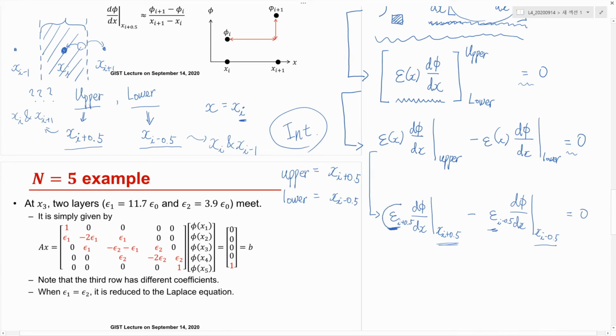The epsilon here is no longer ambiguous.